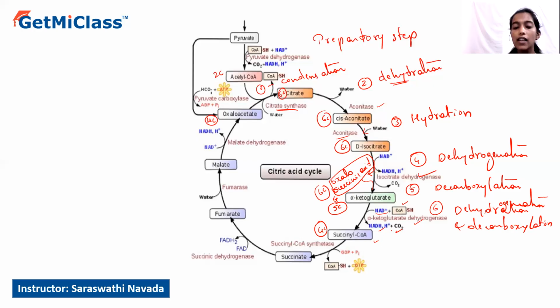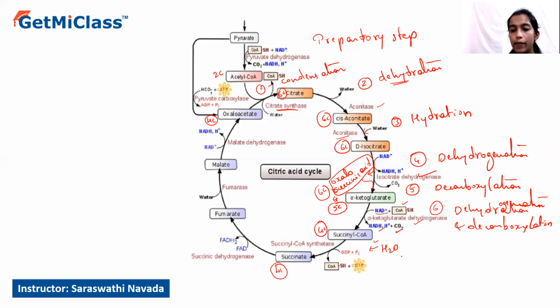And once the succinyl coenzyme A is formed, as I said, it is a high energy compound. Here, this succinyl coenzyme A, in the presence of a water molecule, gives up its coenzyme A group and gets converted into a 4-carbon organic acid that is called succinic acid.